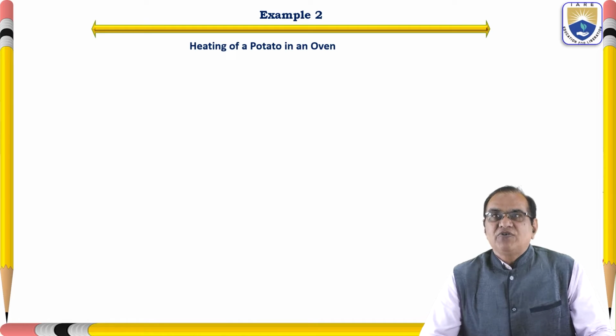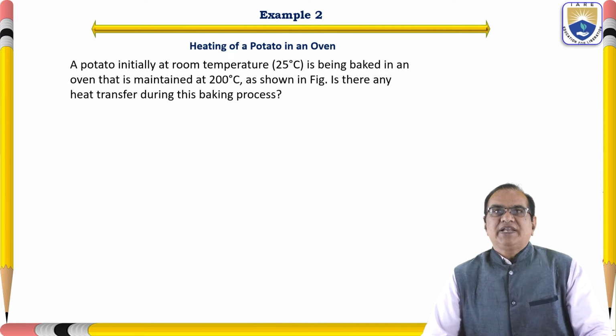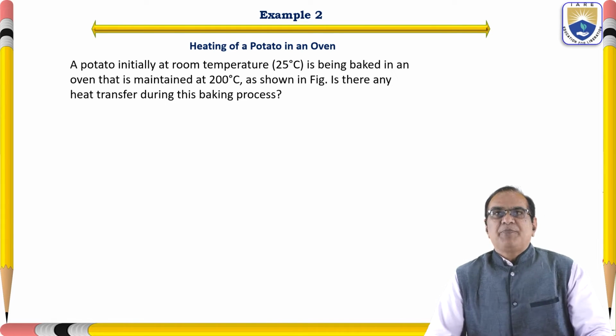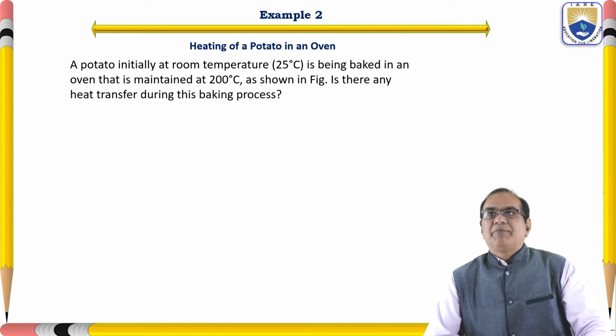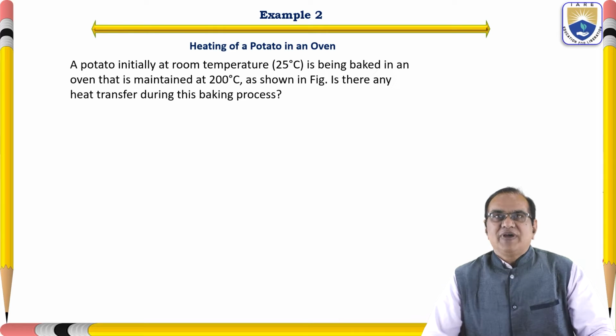Heating of a potato in an oven. So this is our problem. A potato initially at room temperature, that is 25 degrees centigrade, is being baked in an oven that is maintained at 200 degrees centigrade, as shown in the figure.